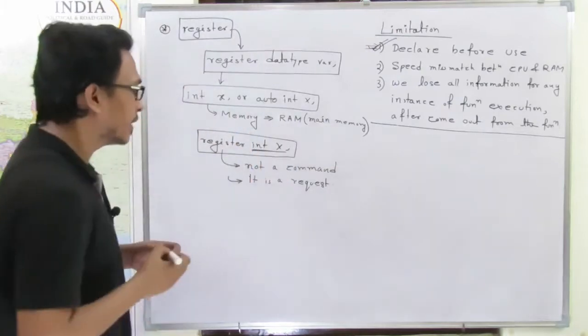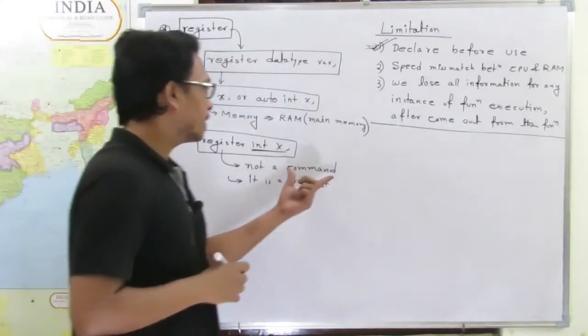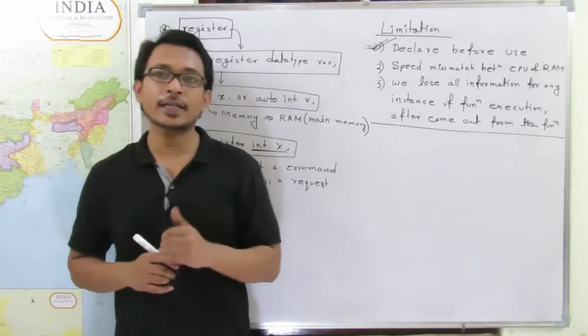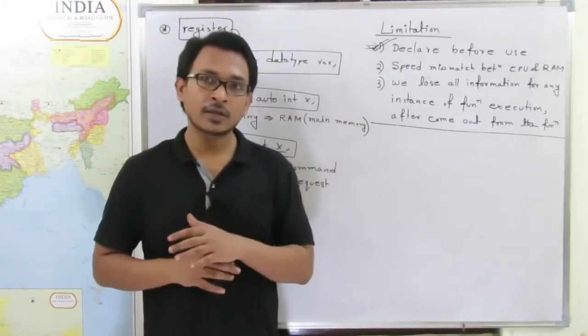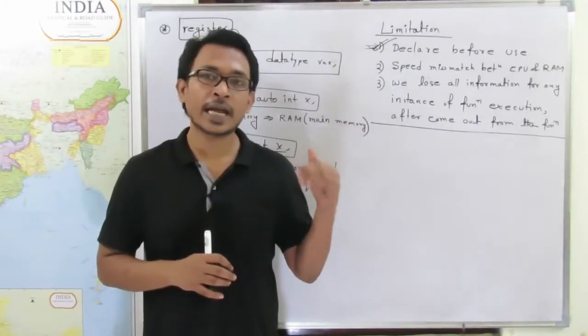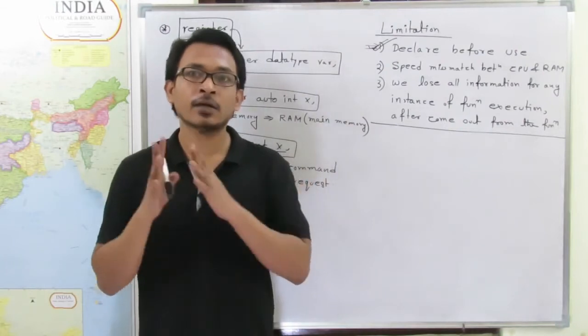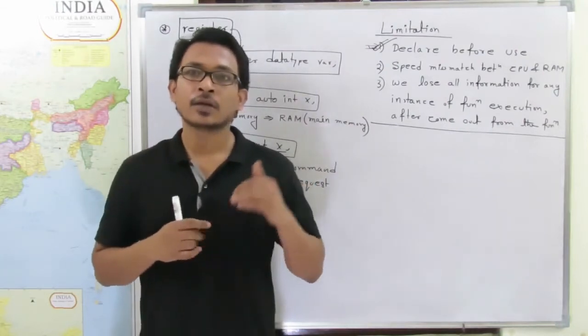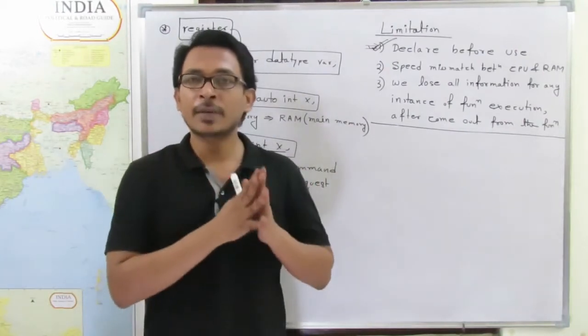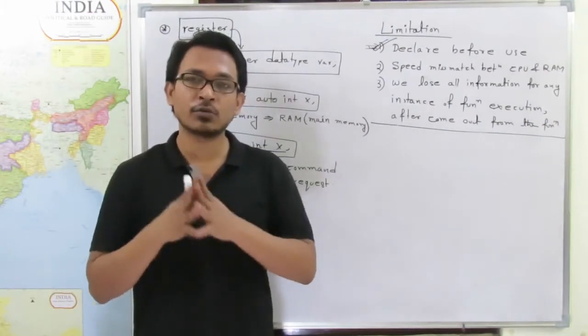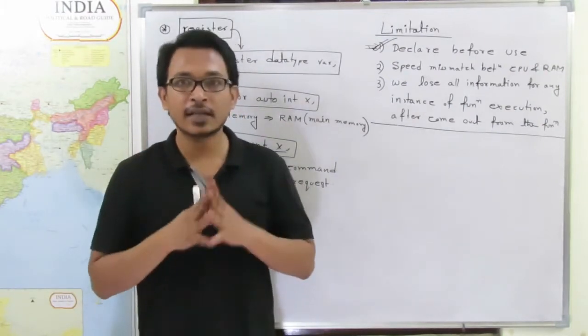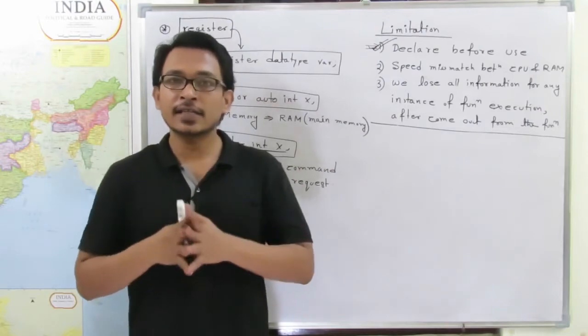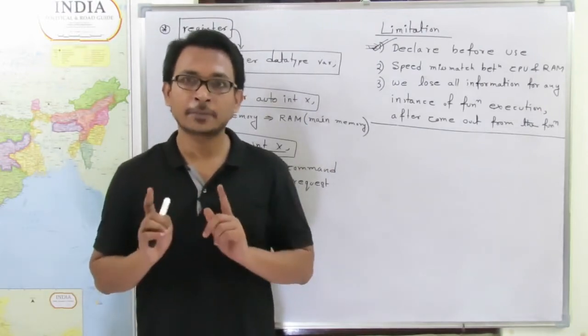A command means the system has to execute the instruction as it is in any scenario, but a request means the system is not bound to execute the whole instruction as it is given in the program. Clear?